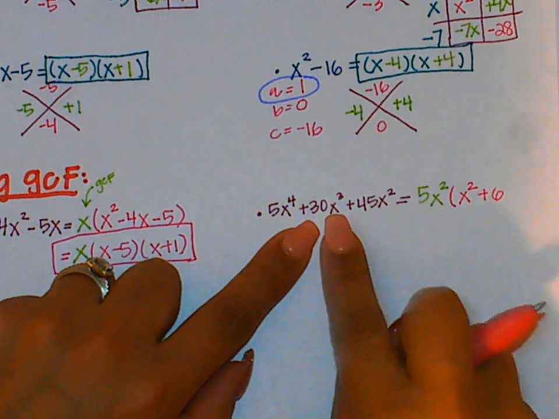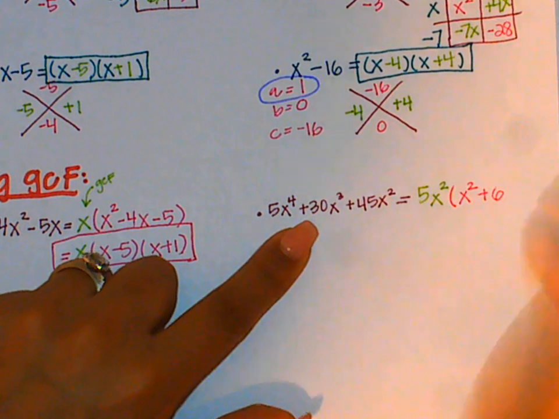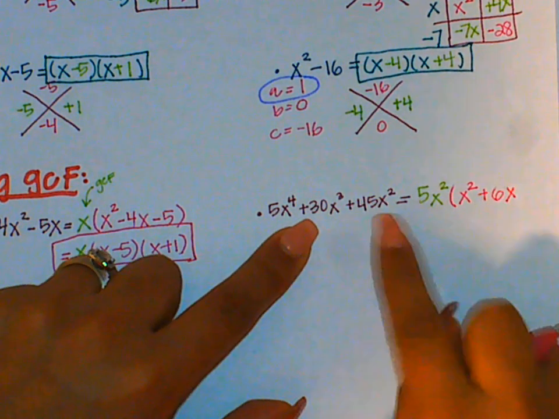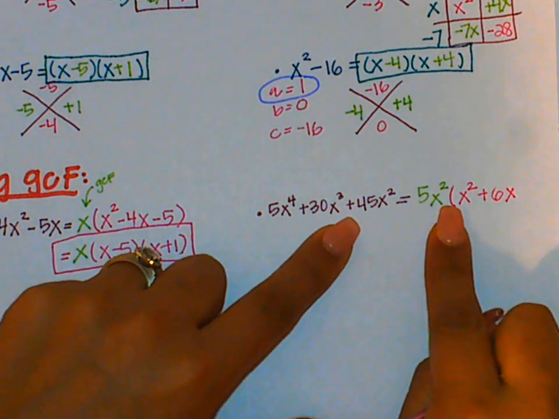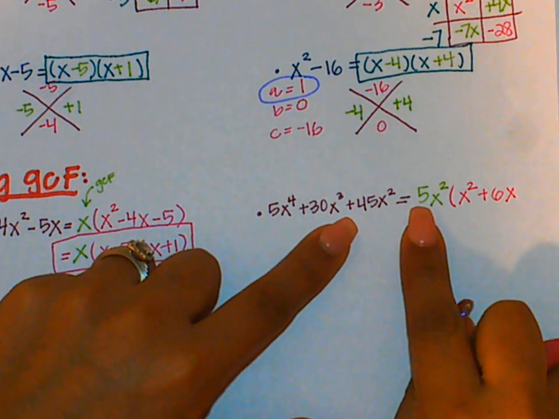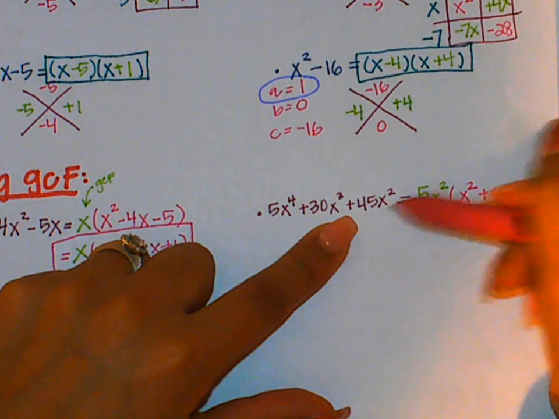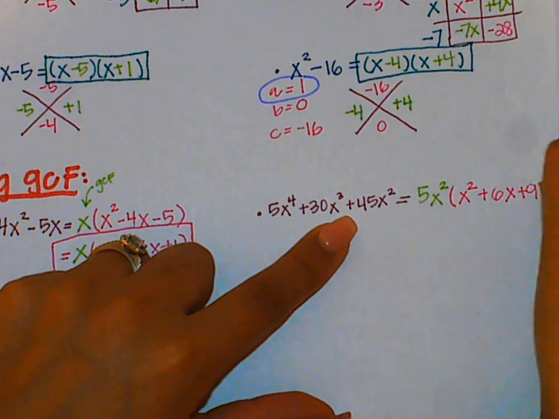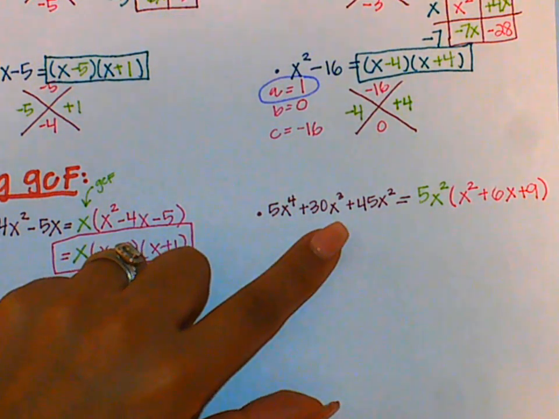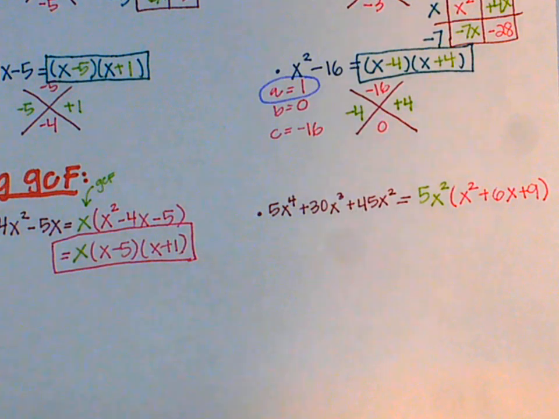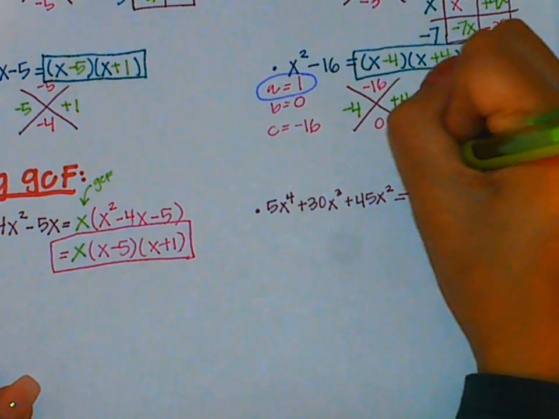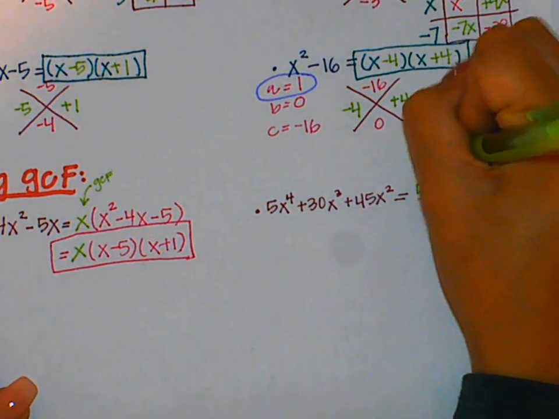And I had 3 x's, I pulled out 2, so I'm left with 1x. And if I had a 45x squared, pulled out a 5x squared, 45 divided by 5 gives me 9. And x squared, pulled out x squared, I don't have any. And I get this.